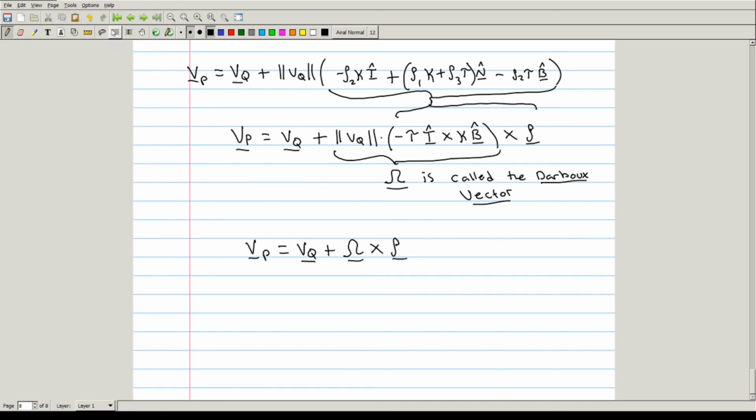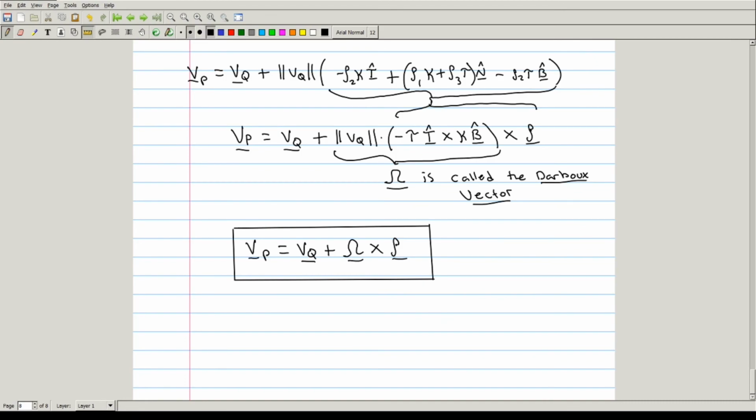we see that the formula for the motion of the frame, specifically for the velocity of any point P on this body, is uniquely and directly determined by the velocity of the point Q on the curve and the cross product of the Darboux vector, which is changing with respect to time, with a constant vector rho.